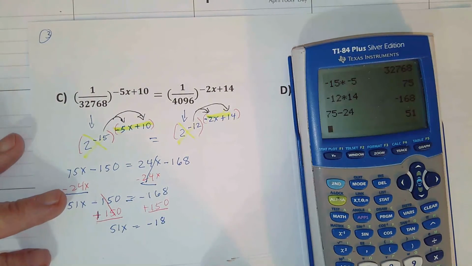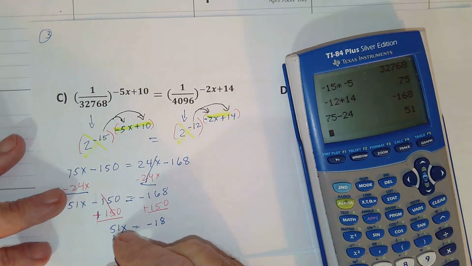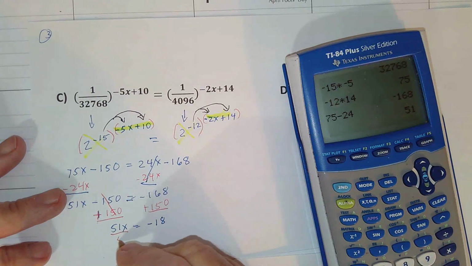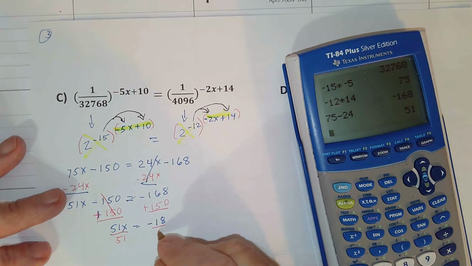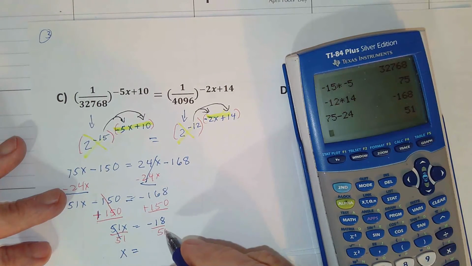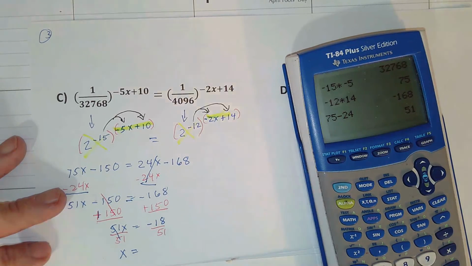So we're going to go ahead and divide by 51 on both sides to get the x by itself. And we're left with 1x on the left, so that's isolated, and negative 18 over 51.